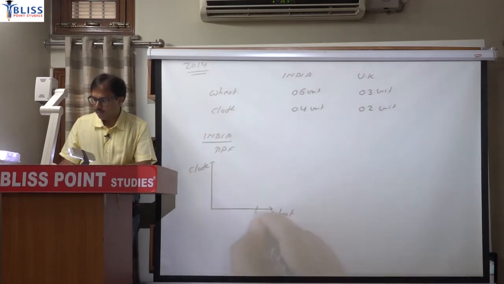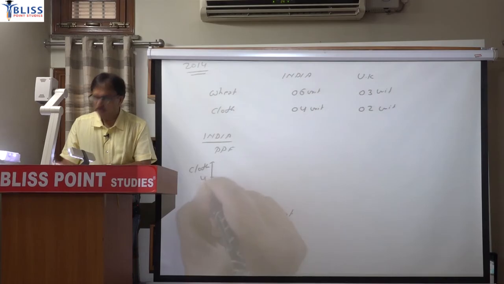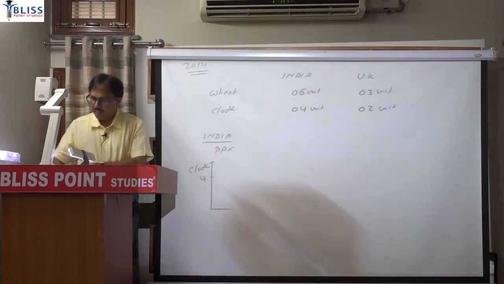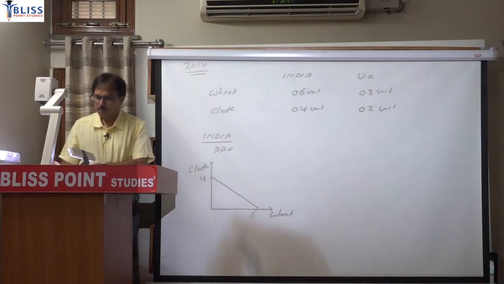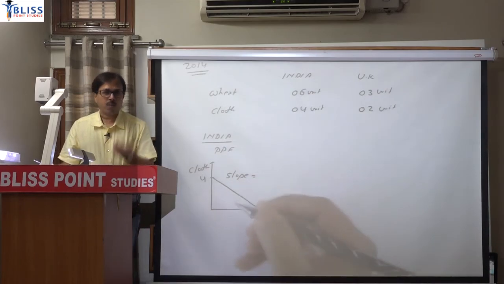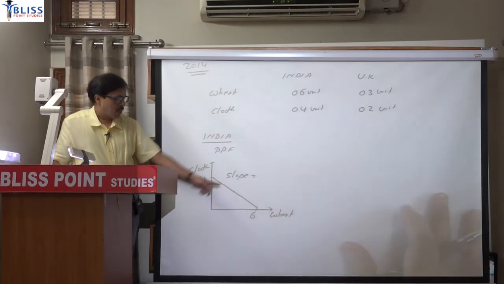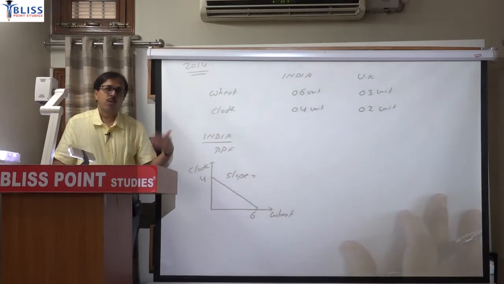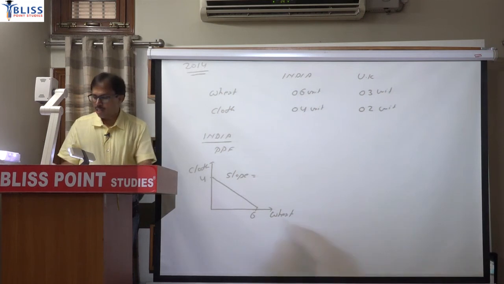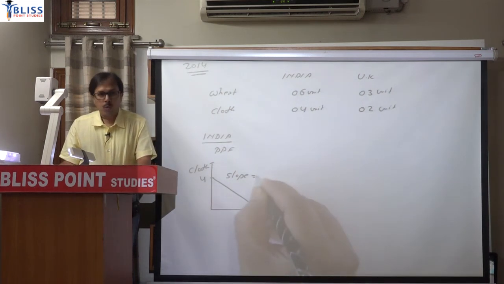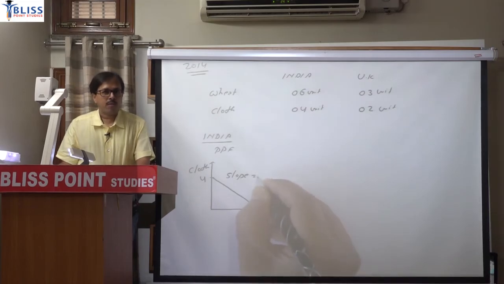So 6 units of wheat here, 4 units of cloth here, and then connect them. You know that the slope of this line will measure opportunity cost, of that good which is written on the x-axis.